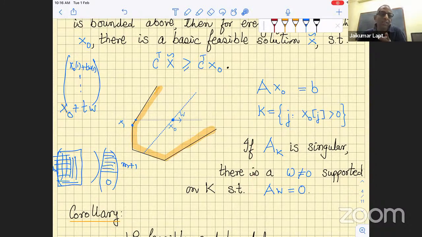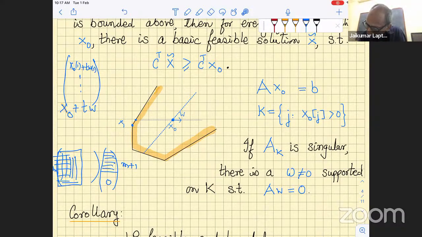In that solution, look at the places where you have non-zeros. My claim this time is that those places must be linearly independent. If they were not linearly independent, I could do this maneuver and find another solution whose objective... so one second.